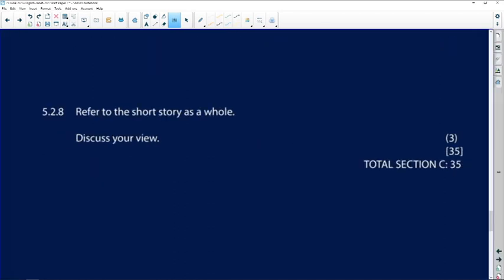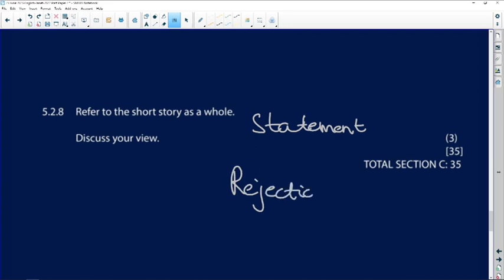And then the final question of each subsection of the paper is refer to something as a whole, and then you're going to make a statement. So take a story and make a statement. So think about a story like rejection. Obviously, a major theme is rejection, so you could use that quite easily for your theme question.